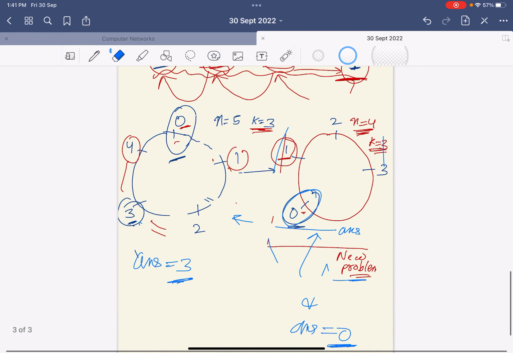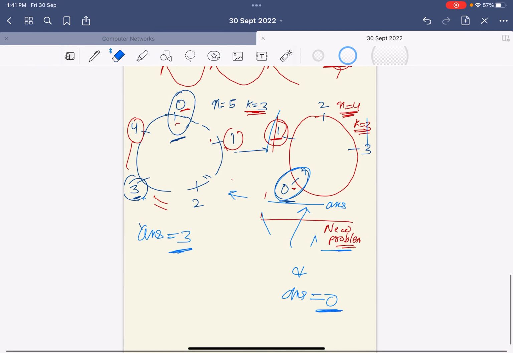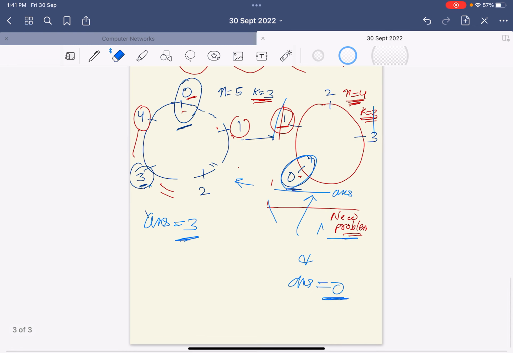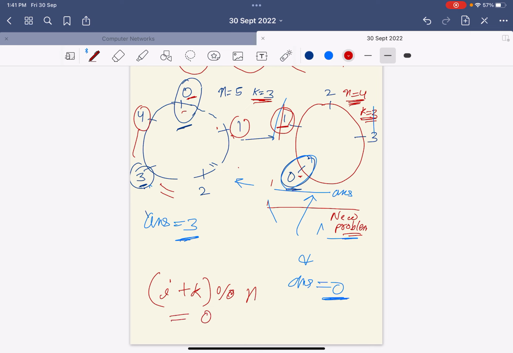And if you observe closely, you can say that for any index from the new problem, if I add k to it and take modulo with n of the original problem, I will get the original indexing.